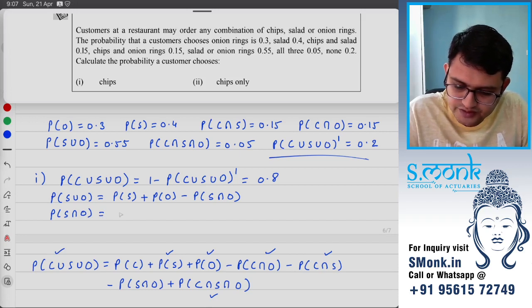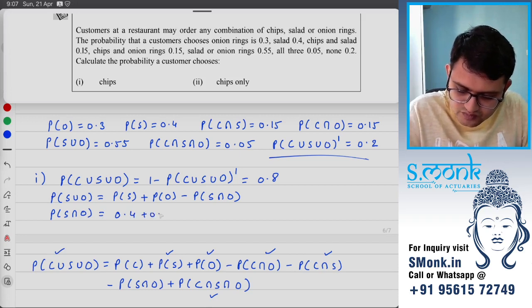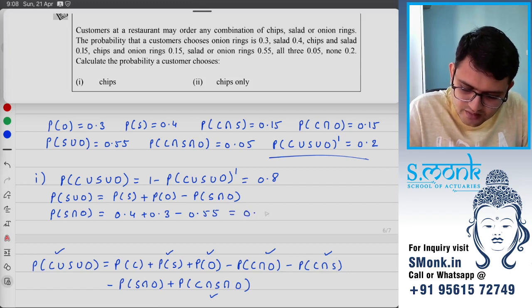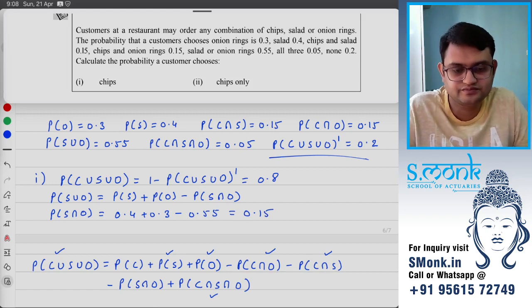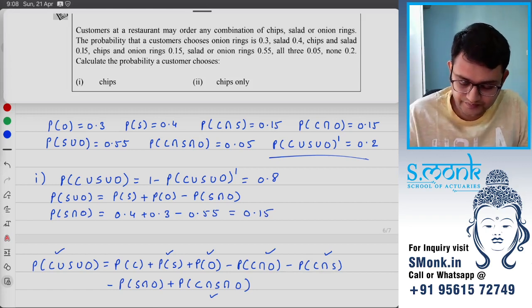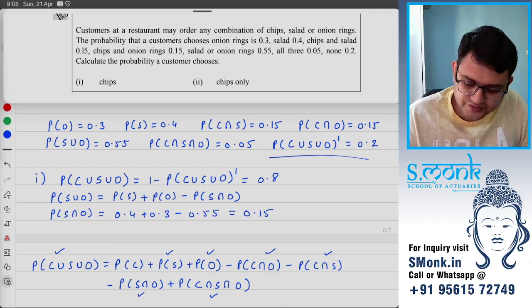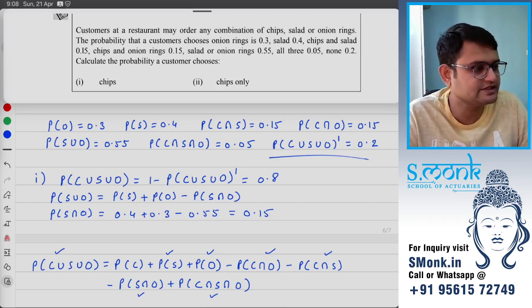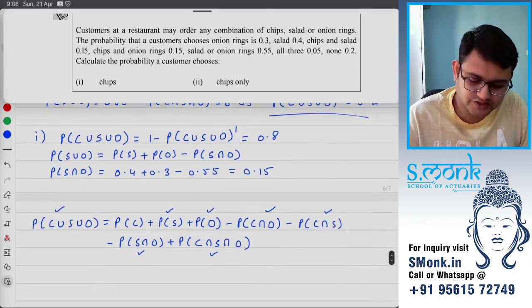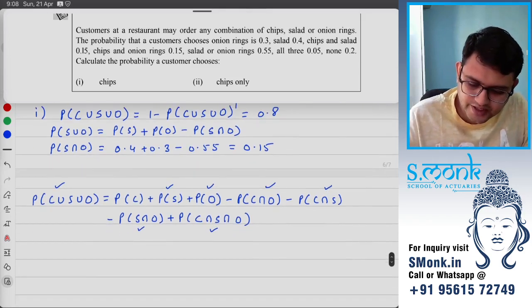So using this, I will get 0.15. So now we have this as well. We can substitute and get PC now.